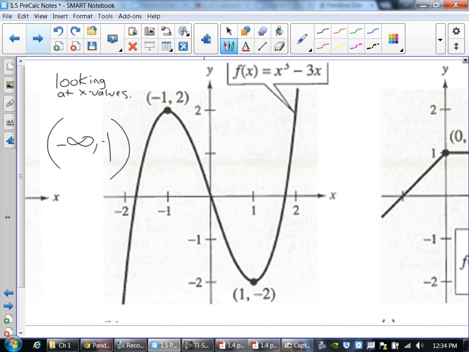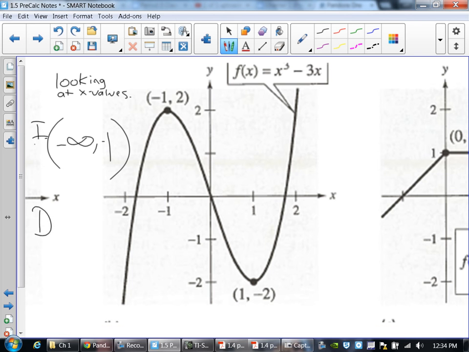Just saying what's happening. Well, it increases from negative infinity to negative 1. It decreases, so this was an increase. It decreases, I'm just going to use a D, between negative 1 and positive 1. And then it increases again from positive 1 to positive infinity.